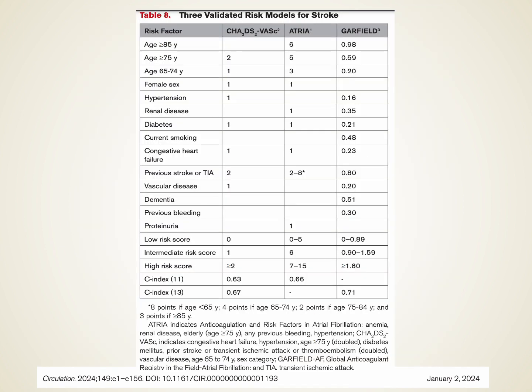So the three models are the CHA2DS2-VASc scoring system, which had an earlier version about 14, 15 years ago, and then got updated in the middle of the last decade, almost 10 years ago, to include a few more elements.